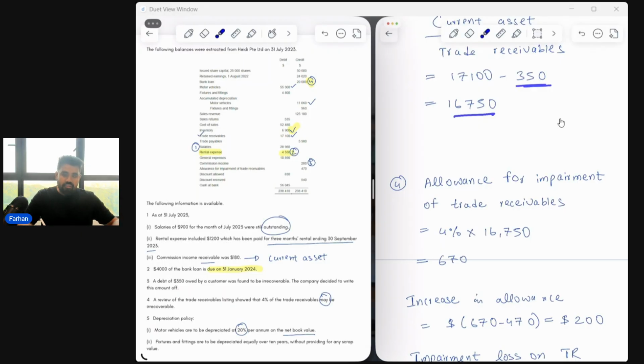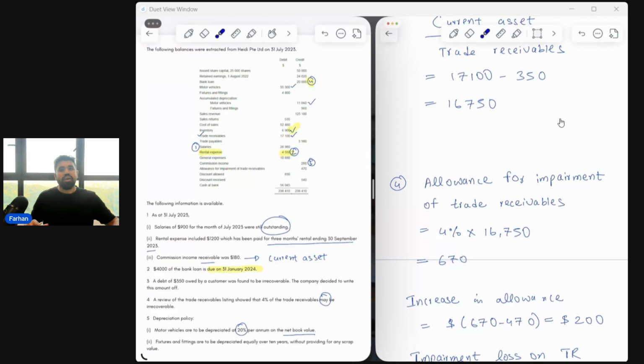Now, we have a policy within our business where we want to create some kind of allowance for impairment of trade receivables. It is a contingency measure, and this is mainly based on the prudence concept, where we do not want to overstate our assets and understate our expenses. We want to be careful because we have sold some items on credit, right?